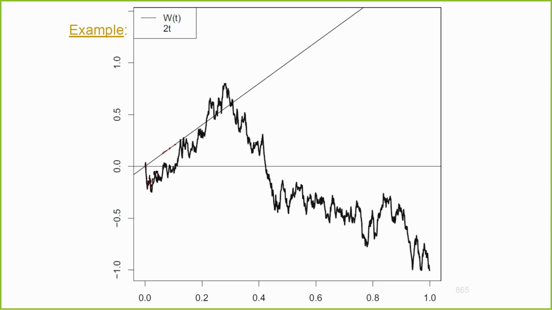So the new parameter is simply 2. And after that, you add it to the process. So you have 2 times t plus the Wiener process. Sigma is not changing here, so sigma is equal to 1. And I simply add this linear trend to this process to get the new process here. And that would be it.